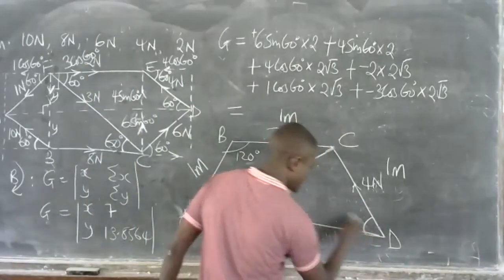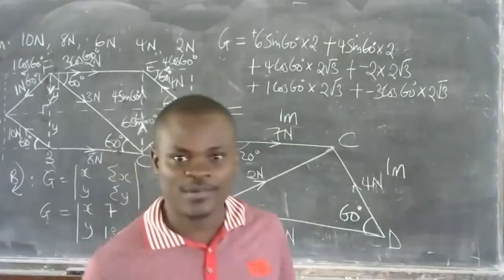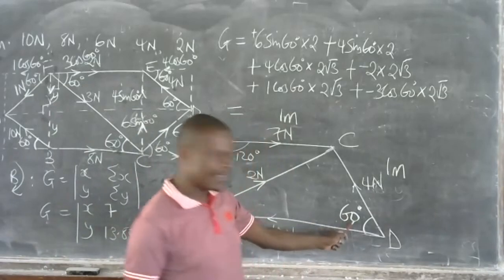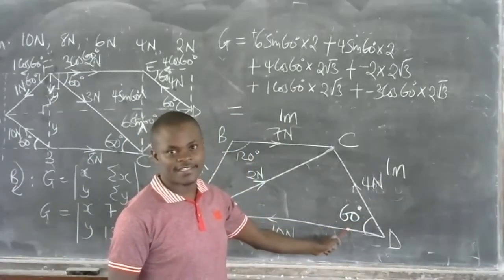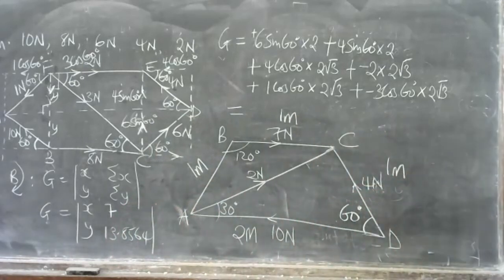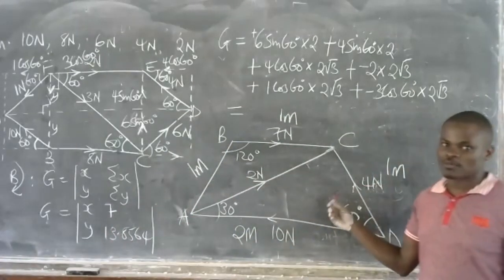This angle here is 60. Please make sure you send it to them. This is 60 degrees. Chair, please repeat the question. The question is only this, what you see on the chalkboard.